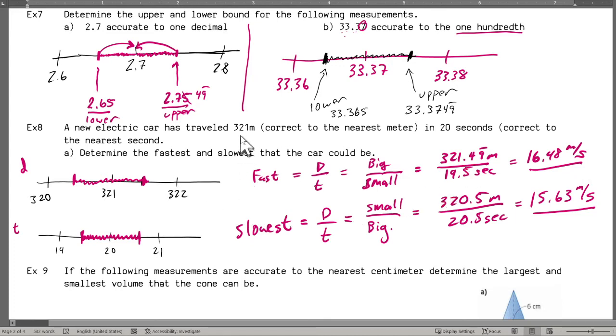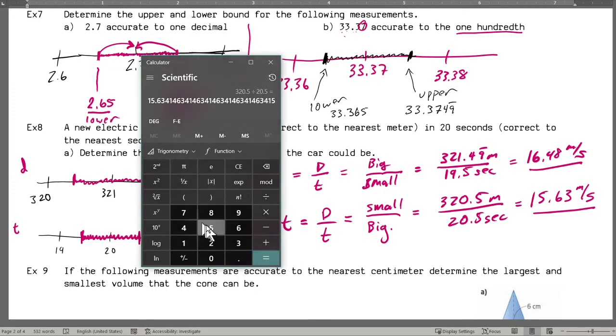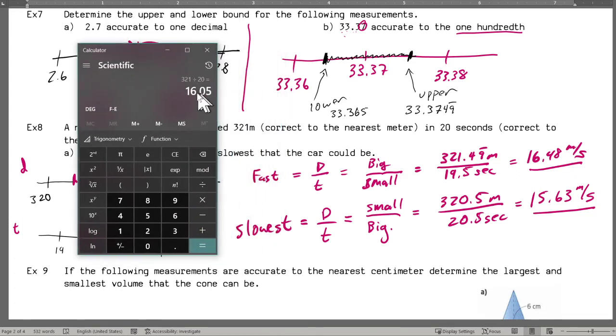So a lot of people would say, well, they went 321 exactly, and they did it in 20 seconds, and so they would just say, my velocity is 321 divided by 20 seconds, so it's 16.05 meters per second. But that's sort of the mid-range of what it should be.